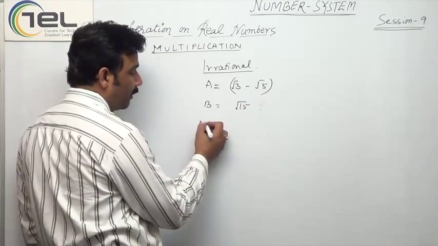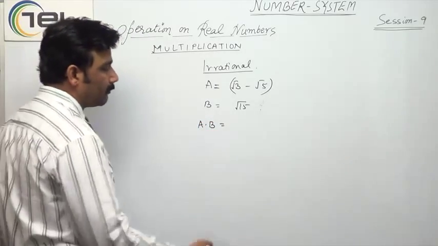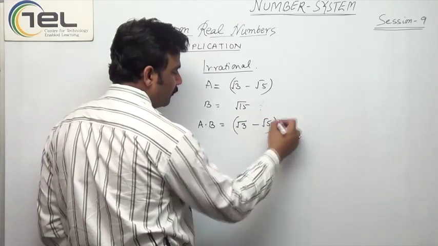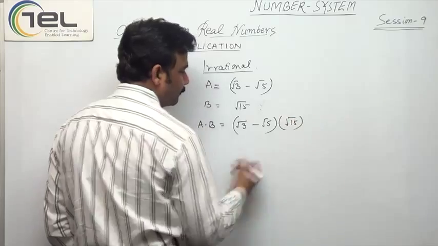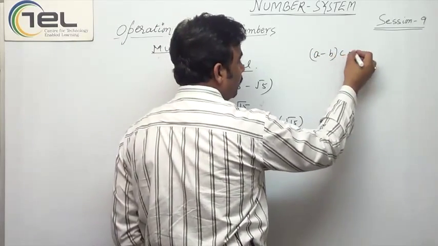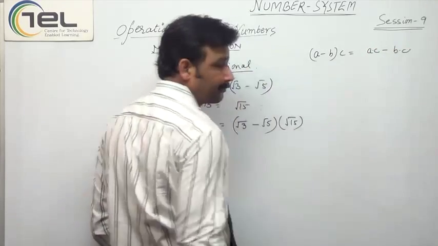So what is a times b? A into b will be root 3 minus root 5 times root 15. The same thing we will do: (a minus b) into c is a times c minus b times c.